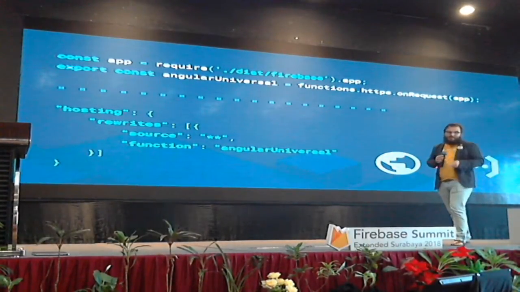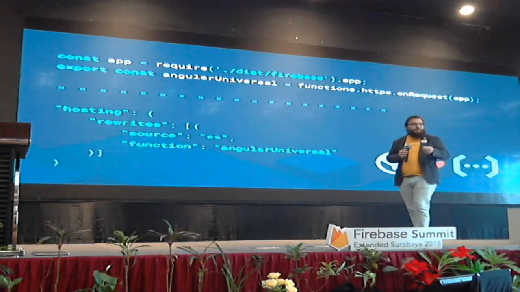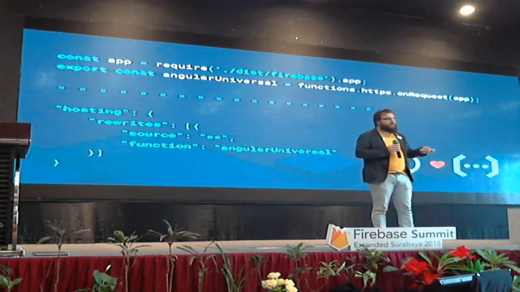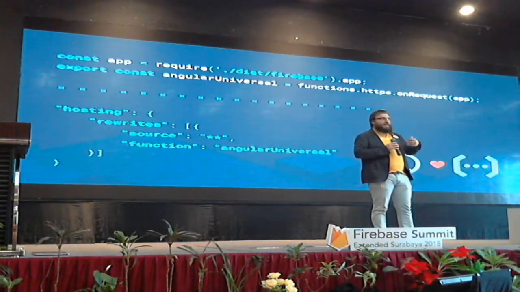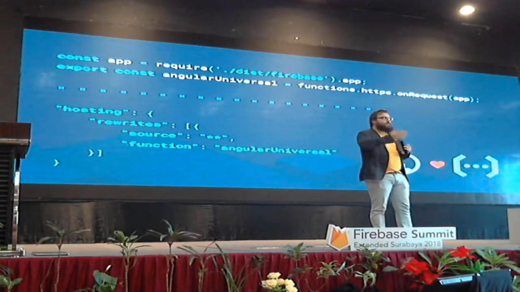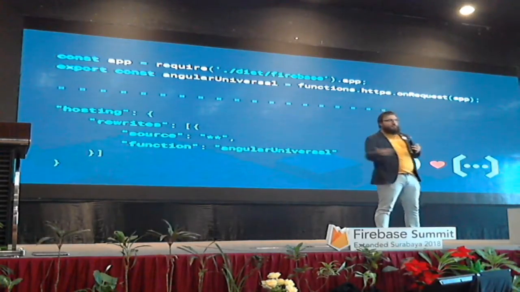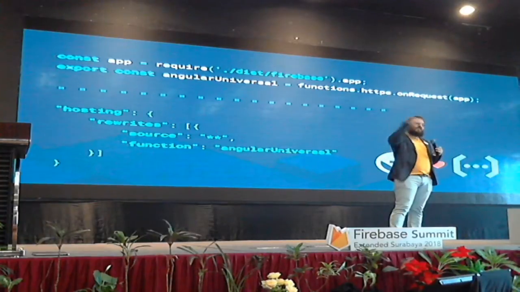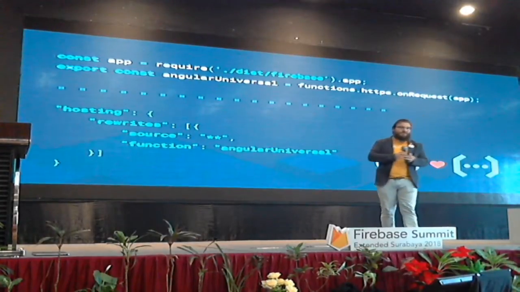And then in my Firebase JSON, I rewrite all the URLs to this platform. Now what that's going to do is, if hosting doesn't already have a file in its public directory, it's going to fall back. It's going to 404 to this Cloud Function, which then renders the HTML and sets a cache header. So then it's in hosting.